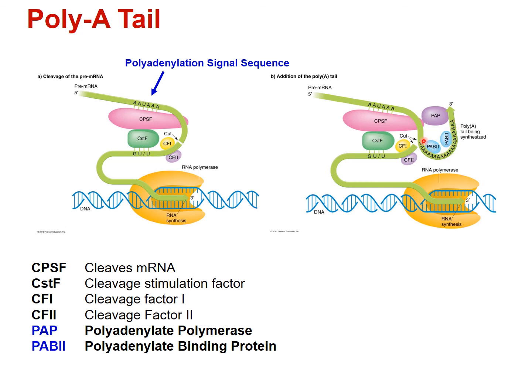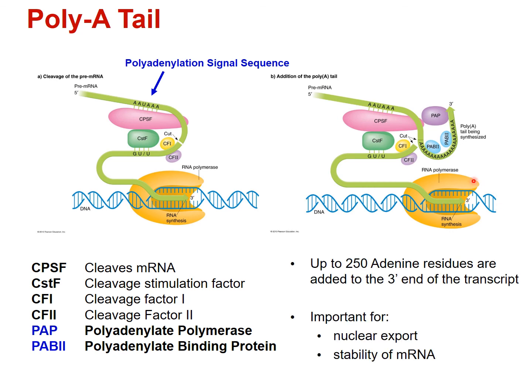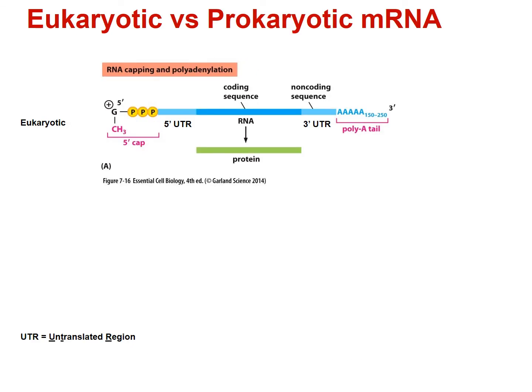So this is added onto the end of the messenger RNA. This other portion of RNA is not important; it's just the continuation of transcription until it gets terminated. Up to 250 A residues can be added to the 3' end, and this is important for export of this messenger RNA out of the nucleus and also for stability.